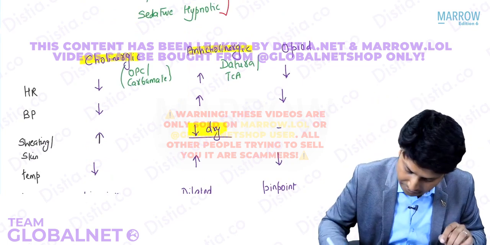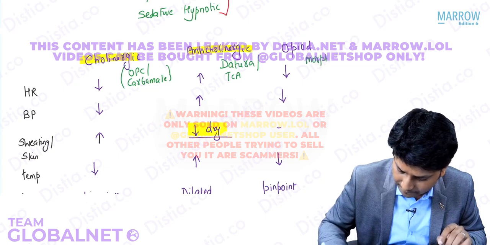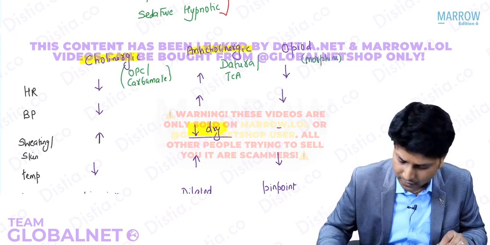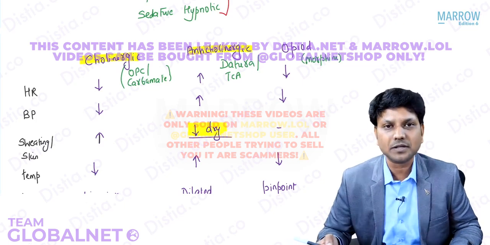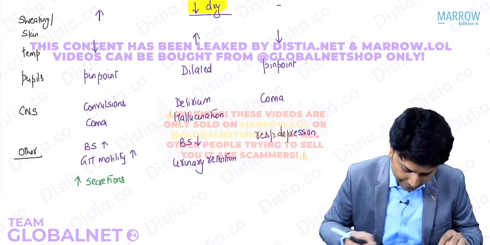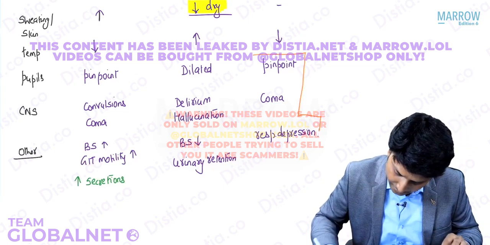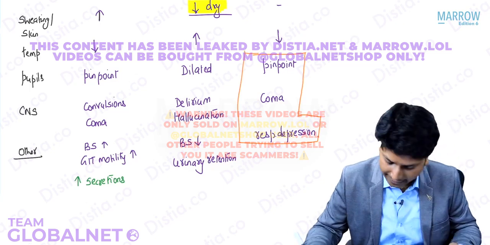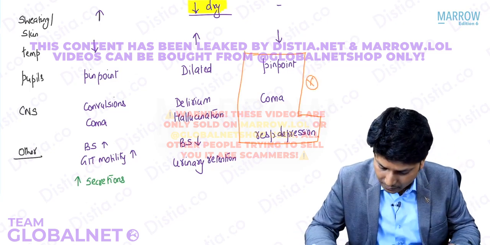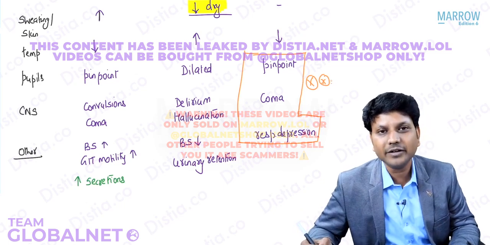The most important thing that we have to think of is morphine. Other opioids will also cause similar features, but the most important poison that we have to think of is morphine, particularly if the patient is having these three features, a triad of pinpoint pupil, respiratory depression and coma. We can always think it is a triad of morphine poisoning.